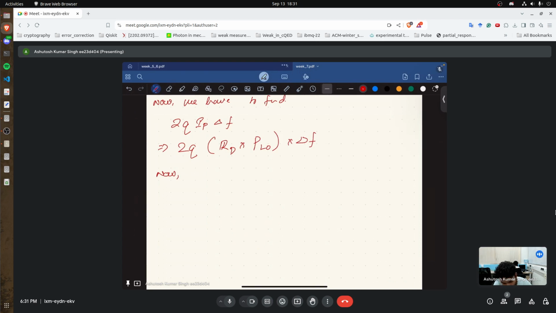From the relation we have sigma s squared, and we want this condition to be satisfied, which is 2q RD into power of local oscillator into del frequency is 10 times thermal, which was 4 kB T del f by load resistance, where kB is the Boltzmann constant.